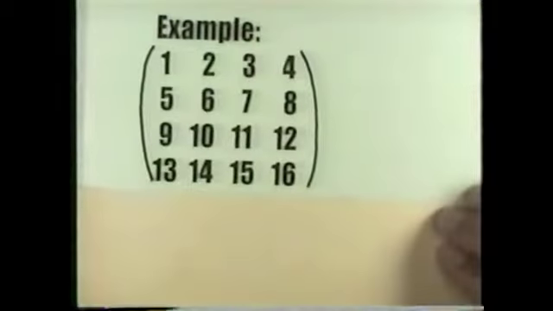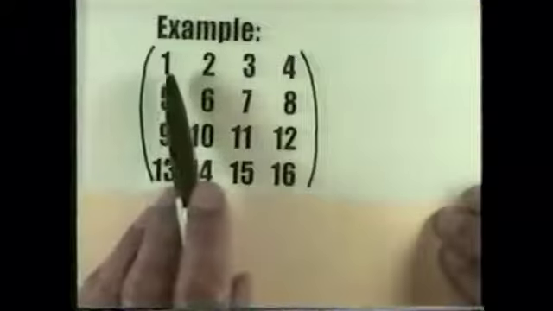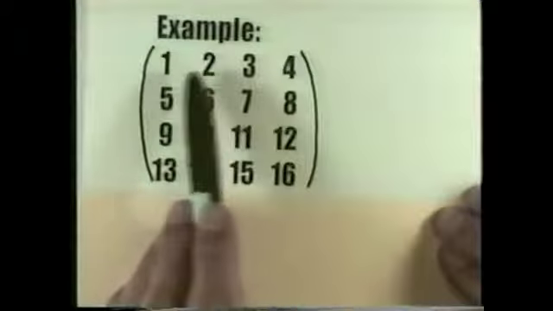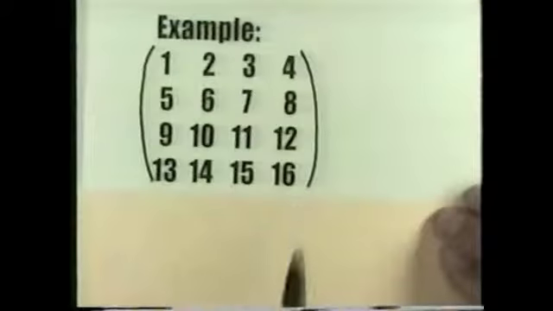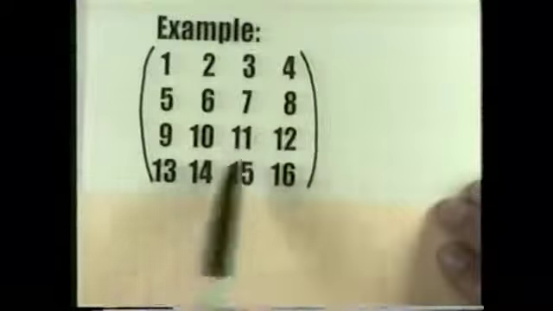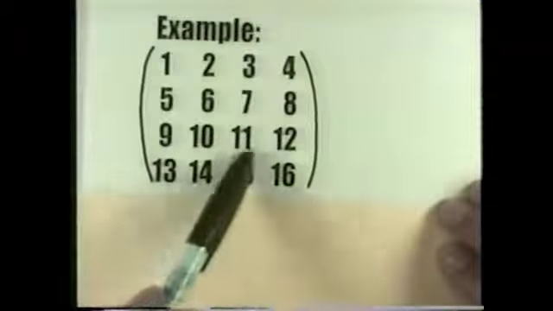Let's look at an example. Let's look at the matrix 1, 2, 3, 4, 5, 6, 7, 8, 9, 10, 11, 12, 13, 14, 15, and 16. We have a square matrix that is 4 by 4: 4 rows, 4 columns.